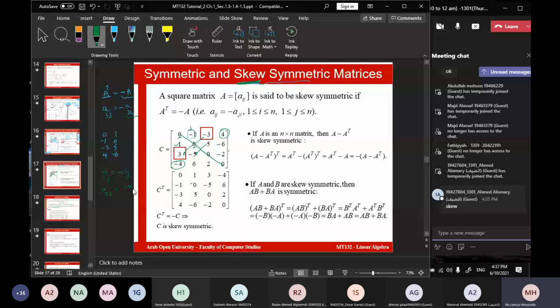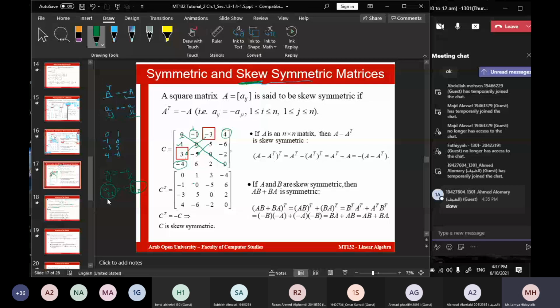But this and this, they are the same element. So how can a number equal its negative? There is no way except for the number to be equal to 0. This implies that A22 is equal to 0 and etc. for all the elements that are in the diagonal. Clear what is a skew symmetric matrix? Any question for that?